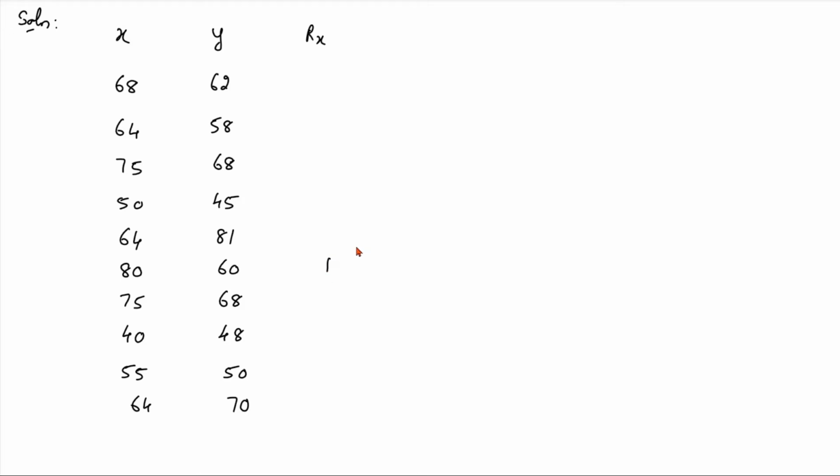After 80, the next value is 75, and there are two values of 75. Because two values are there, I cannot give rank 2 to both 75s. I cannot give the same rank to both values. Therefore, I'll take the average.